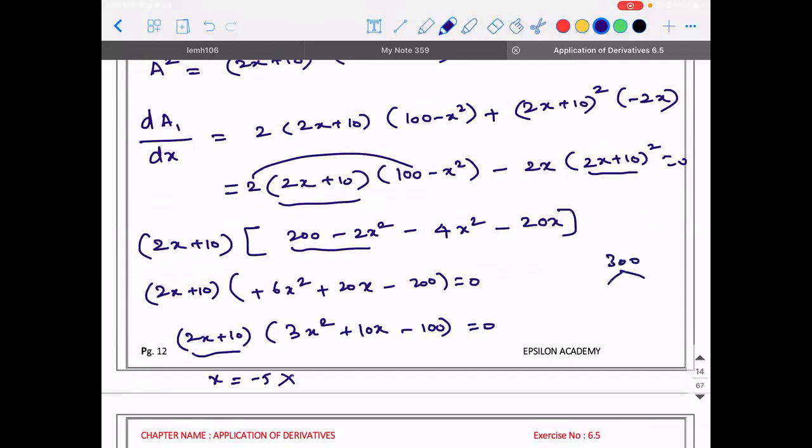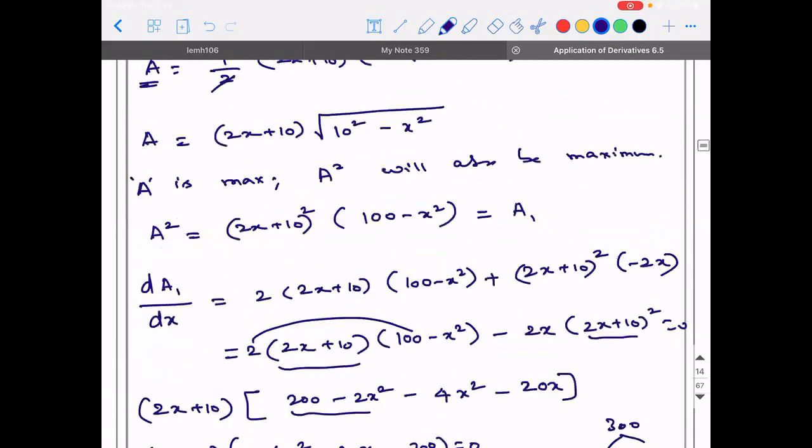So 300, how can you split it? 1, 300, 2, 150, 20, 15, 10, 30. So what will be the factors, guys? Am I missing something? Did I make any mistake?